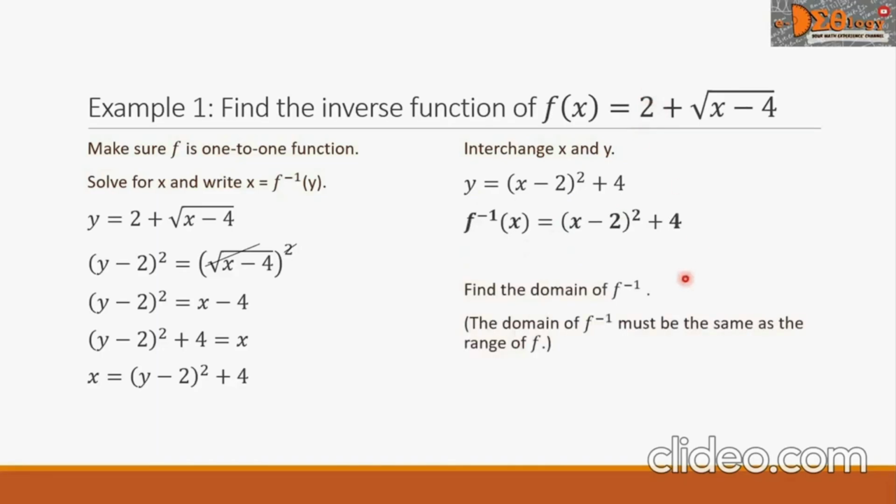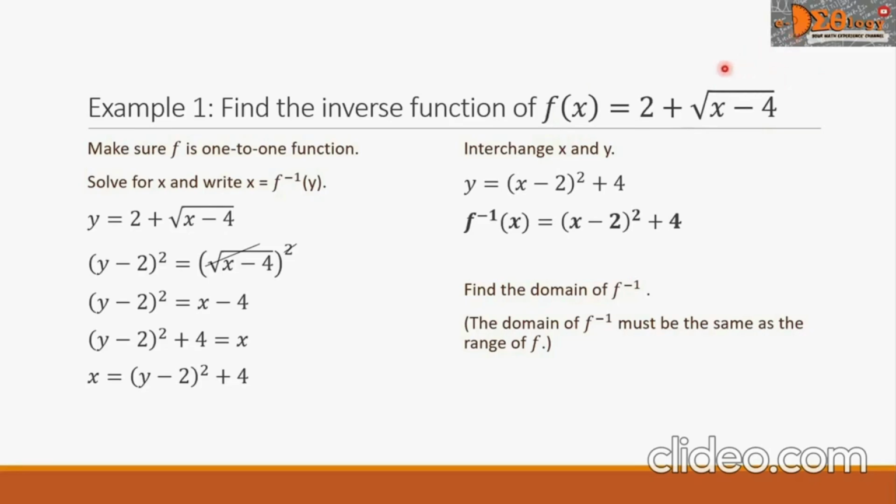Now, for the last step, find the domain of f inverse. We can simply get the domain by taking the range of the given function. Let us observe the given function. We have a constant 2 and a radical here. For the radical, the permissible value is from 0 to positive infinity.